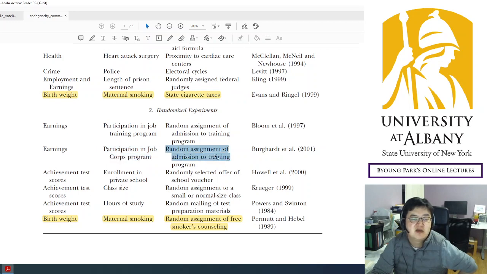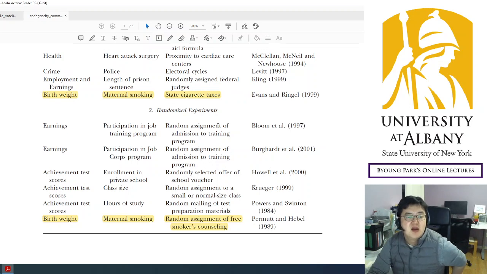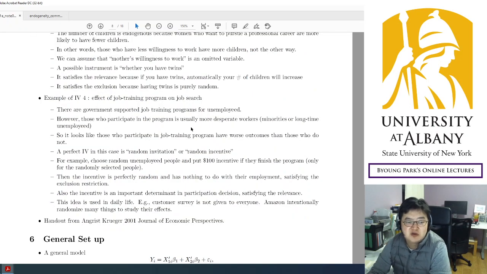So random assignment, or randomly doing something, is a good way of making up an instrument. Of course, you need to have such data, but it's easier to verify these assumptions.